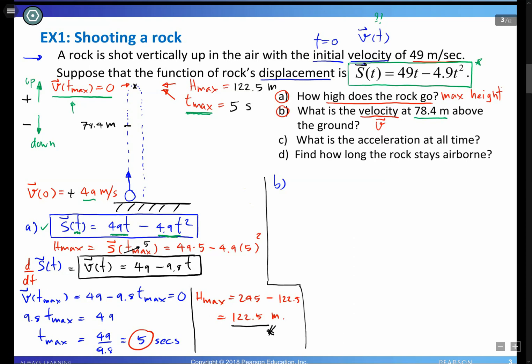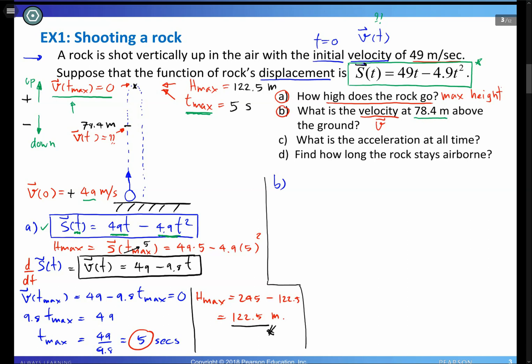And we want to know the velocity at this point. So at this point, right here, we want to know V of t equal to what? At this point, we don't know.